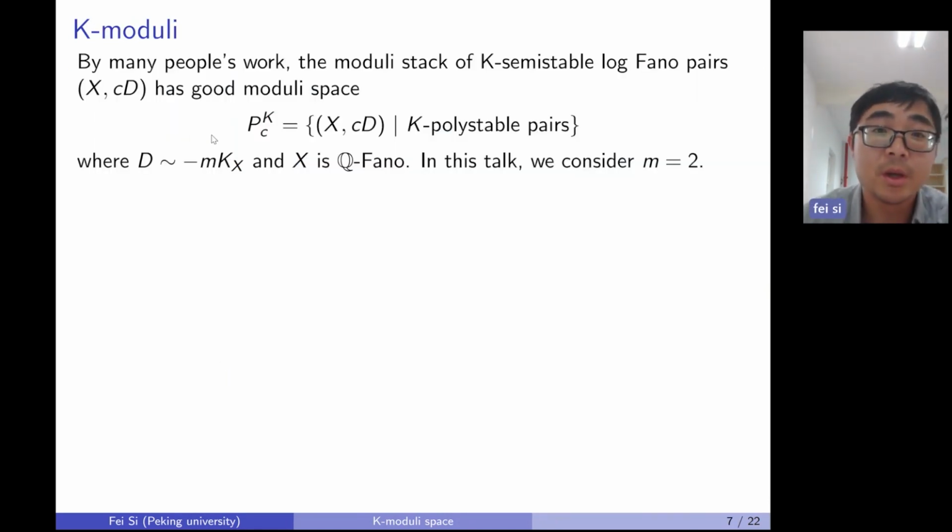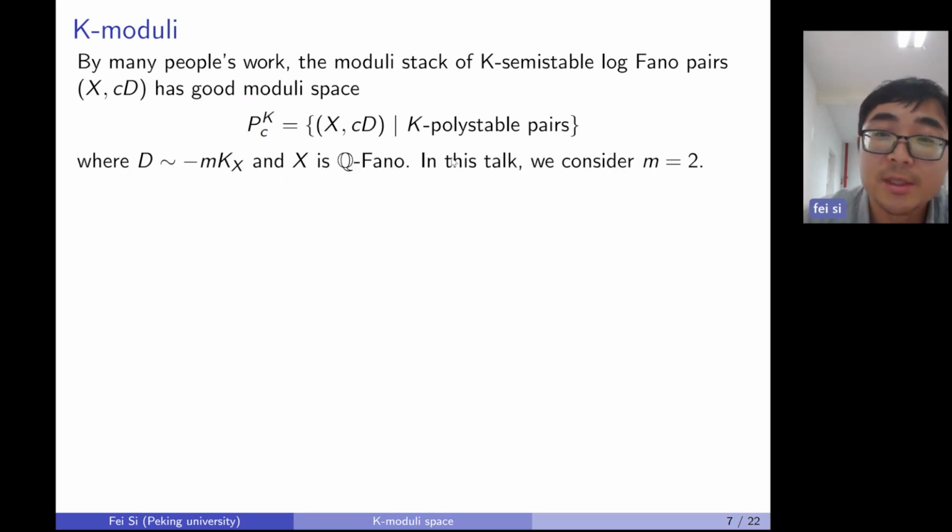Now we state the moduli theory for these log Fano pairs. So you consider the moduli stack of K-semistable log Fano pairs. In this talk, we focus on this special case, that is, we require X to be a Q-Fano variety, and the boundary D lives in some multiple of the anti-canonical sections.